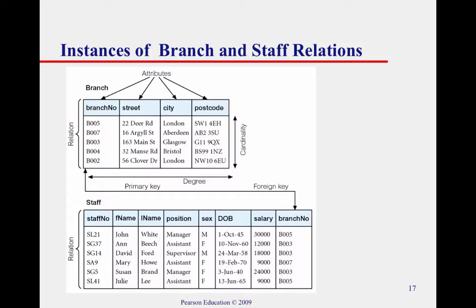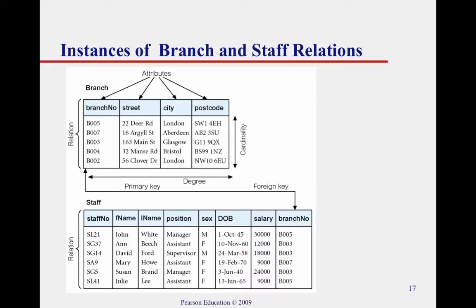So if we go back here, in the staff relation, the branch number is a foreign key. Can someone tell me why it can't be a primary key in staff? Why can't it be a primary key within the staff relation?